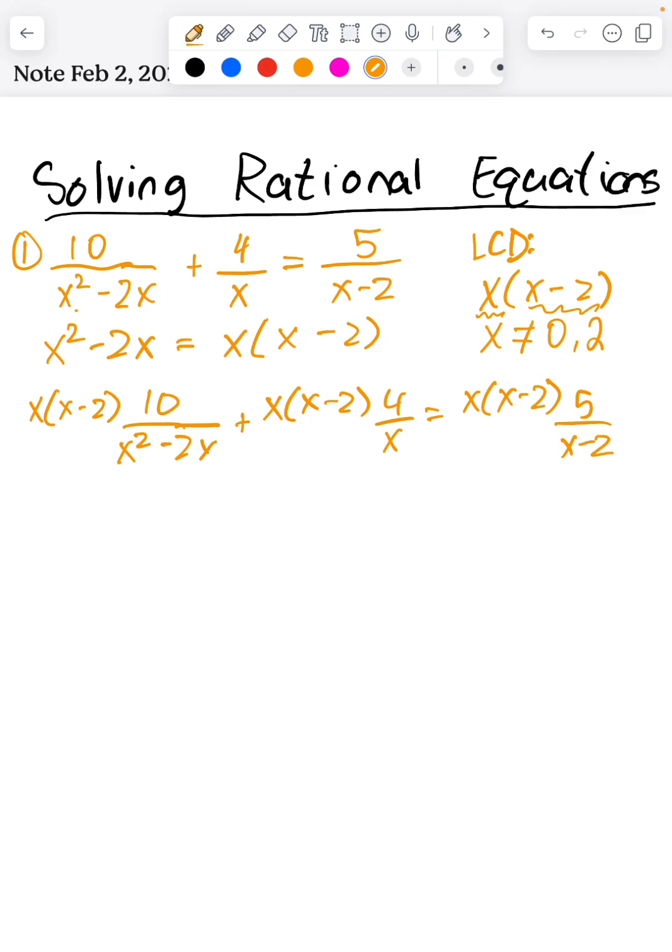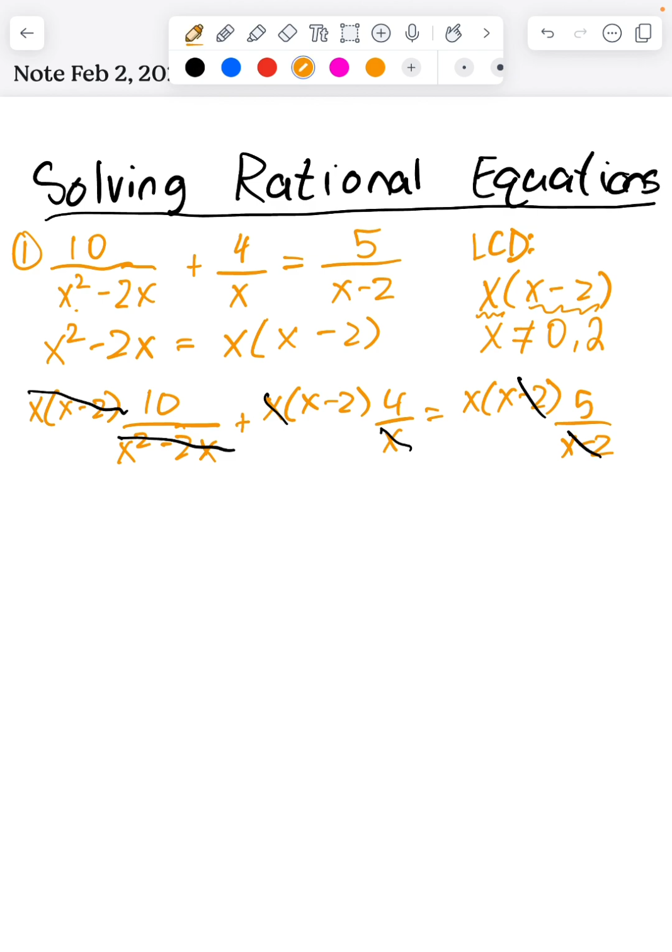There's a lot of stuff we can cancel out here. x times x minus 2 is the same as x squared minus 2x, so this whole thing cancels out. Then x and x cancel out here, and x minus 2 cancels out here.